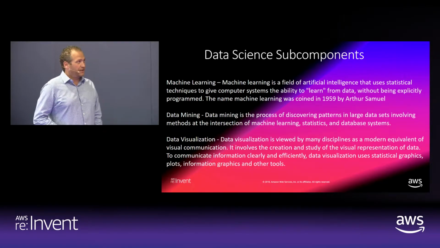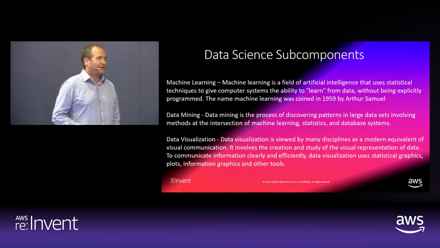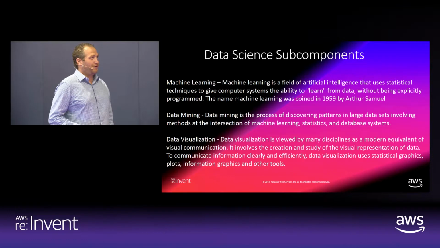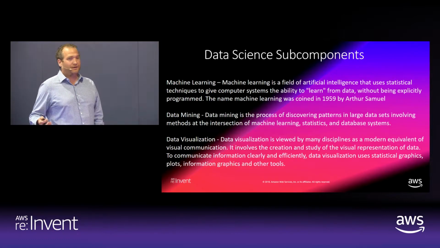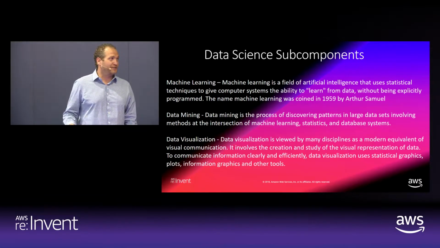On the subcomponents, these are pretty long explanations, so I just want to shorten them up, again in a security context. Machine learning, in the security context, is about training on big data sets to create an algorithm to go and data mine and look for malicious behavior and intent.